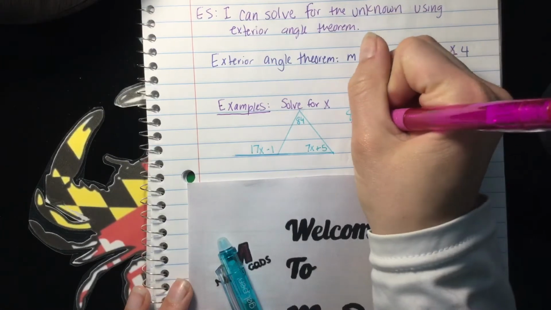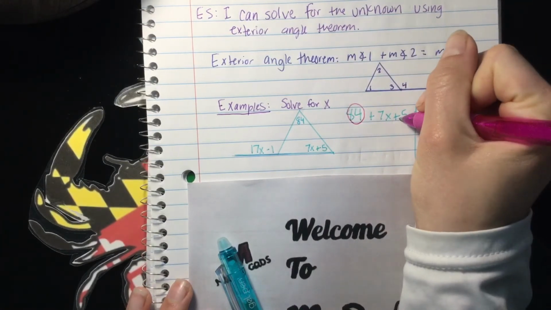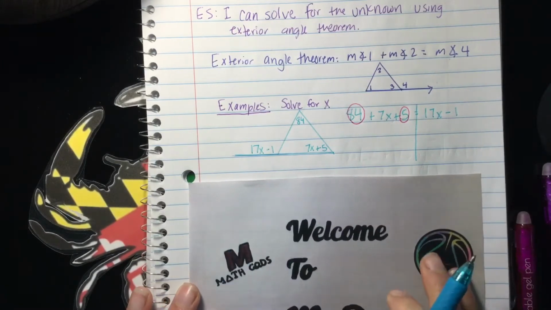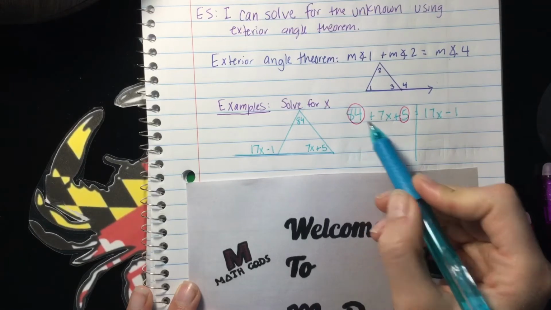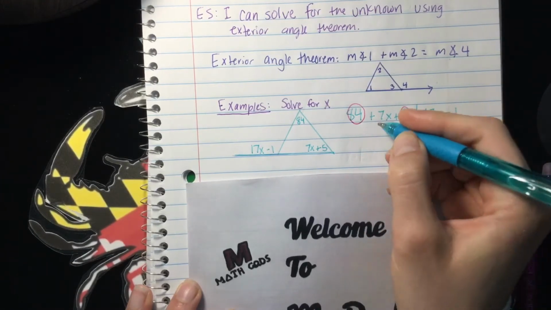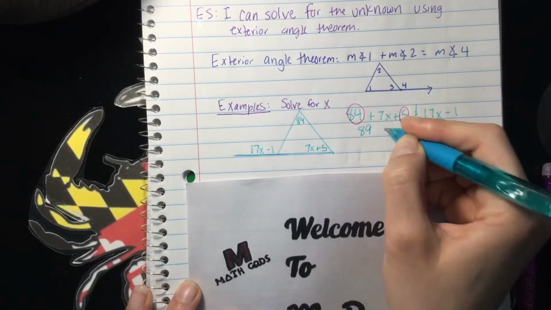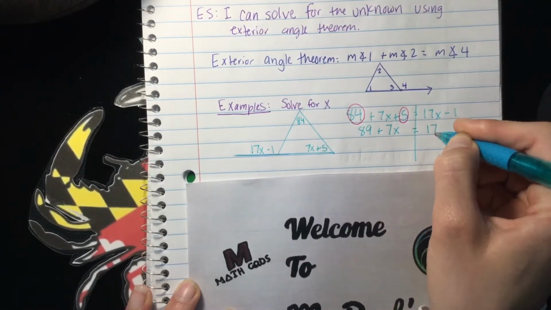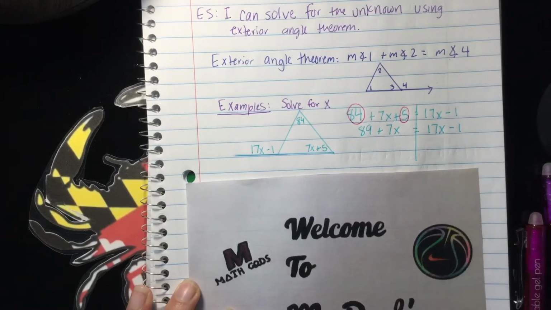So I know this is a like term, and this is a like term. And then that 7x is all by itself, so we don't have to worry about that. So let's combine those. 84 and 5 is 89. Then we just plop down our 7x is equal to 17x minus 1.